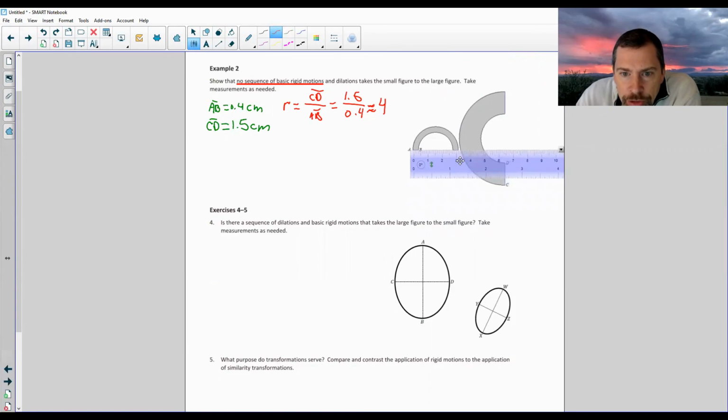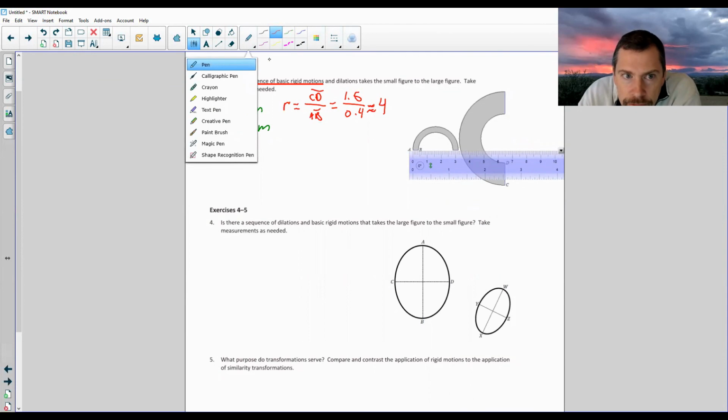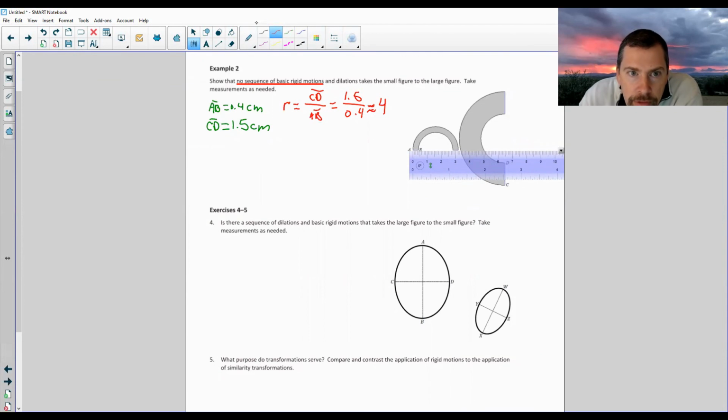Now if I measure from A all the way over to this point, let me get my pen. This point right here is a distance of 3.1 to 3.2.